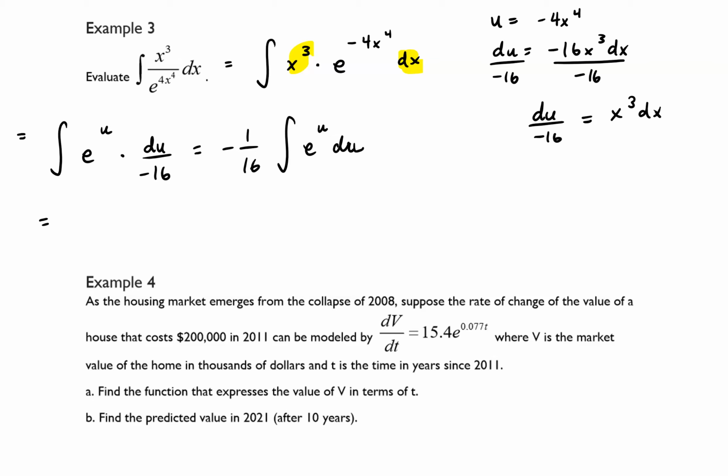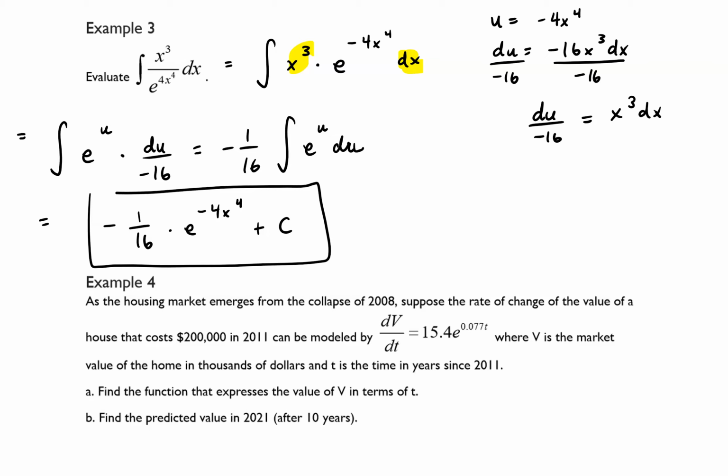And then that will equal -1/16 times e to the -4x to the 4th power plus c. And notice here that I just substituted the u value back in for the exponent right there.